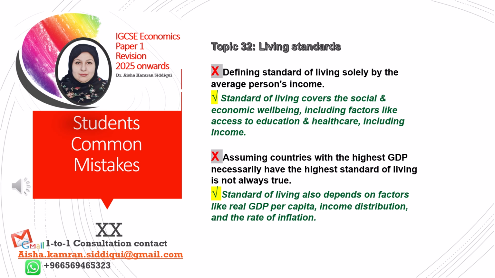Second, assuming countries with the highest GDP, which is gross domestic product, necessarily have the highest standard of living is not always true. Standard of living also depends on factors like GDP per capita, income distribution, and rate of inflation. So students must define standard of living correctly.